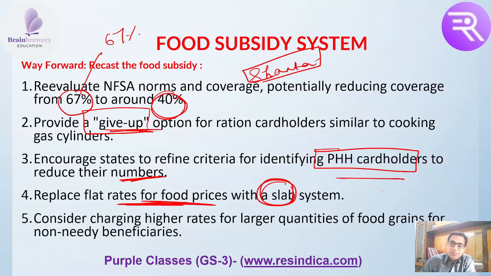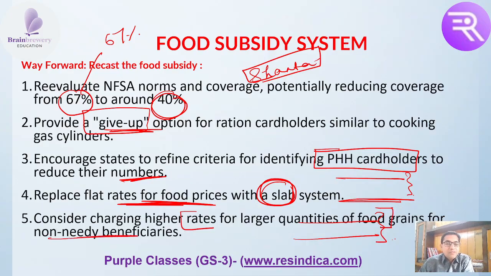That means people in this income slab will get food at this rate, and people in that income slab will get it at that rate. Consider charging higher rates for larger quantities of food grain for non-needy beneficiaries. If a non-needy beneficiary is asking for a higher quantity of food grain, then you should charge more from those people.